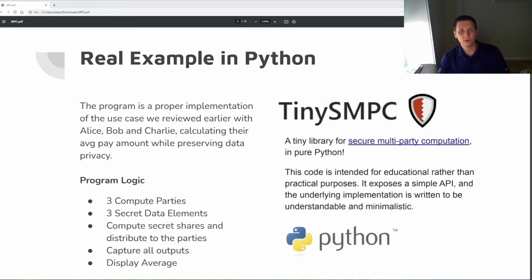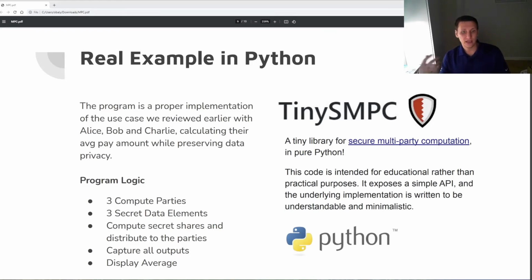We're going to look at our previous example with Alice, Bob, and Charlie trying to calculate their average paycheck amount while never revealing their paycheck amounts to one another. The program consists of the following components. There will be 3 compute parties involved in taking in the shares and computing the outputs. There will be 3 secret data elements, which are the paychecks of Alice, Bob, and Charlie.